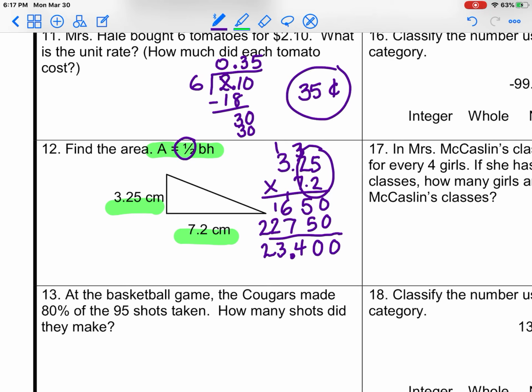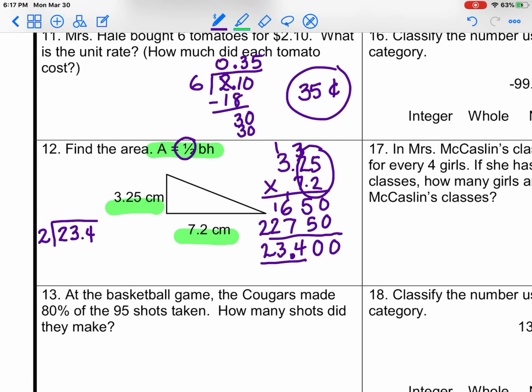But we're not done yet because we didn't multiply it times a half yet. So, multiplying times a half is the same thing as dividing by 2. I'm going to come over here and shorten this down to 23 and 4 tenths.